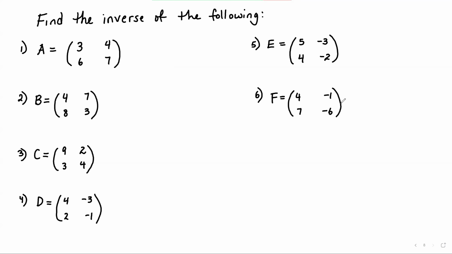And recall, I'm just going to put this on the bottom here for you. Recall that the inverse of any matrix A is equal to 1 over the determinant of the matrix multiplied by the adjoint of the matrix.